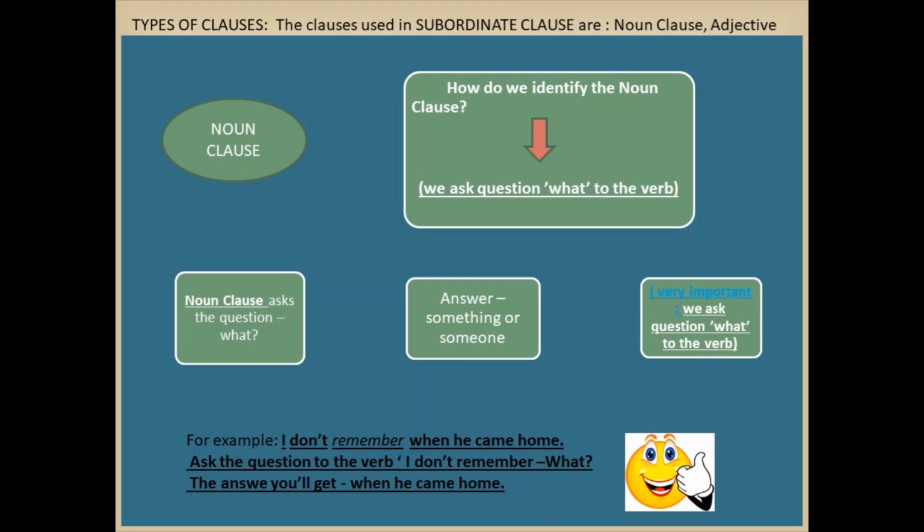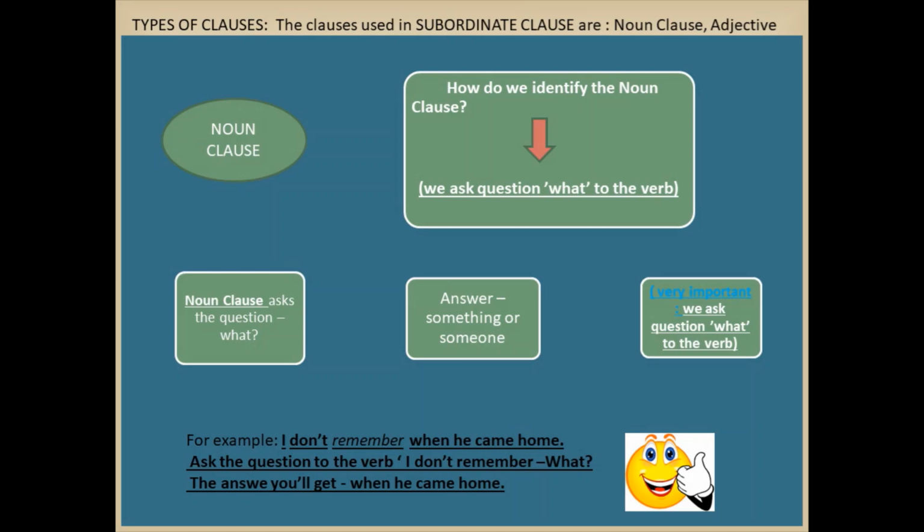I don't remember, if you say it on its own, it stands on its own, right? So this becomes our main clause. When he came home is the subordinate clause because it is dependent on the main clause. When he came is not giving you a complete meaning or sense. But if you join it with the main clause, it is completing its meaning. I don't remember when he came.